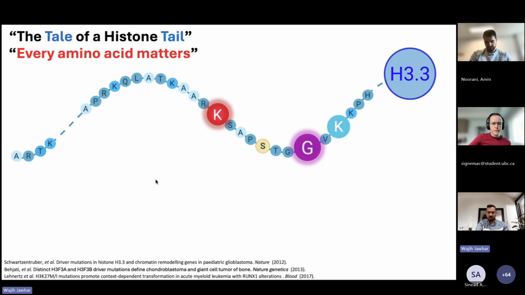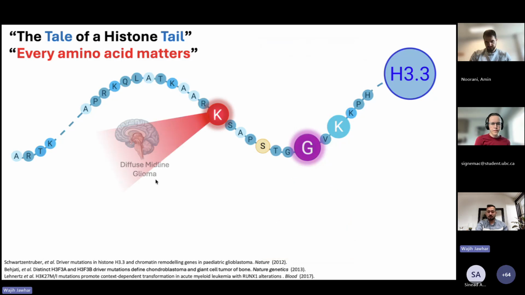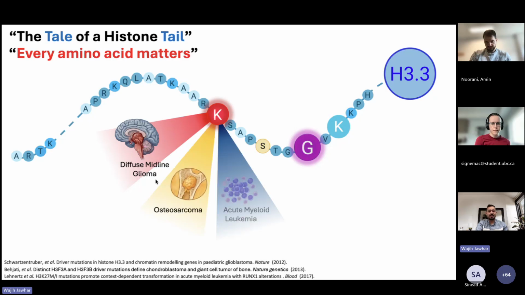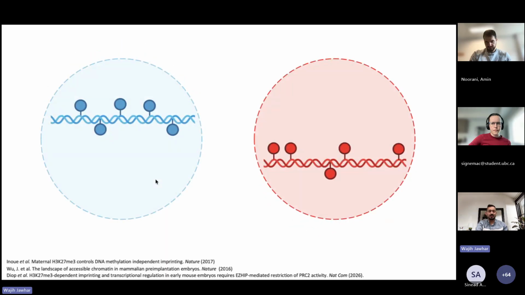Because specific changes on specific residues often result in severe consequences that are also specific to the tissue of origin where it had occurred, many of which also occur within tight developmental windows, leading to cancers in children, adolescents, and young adults.